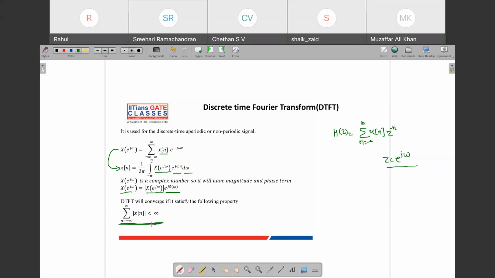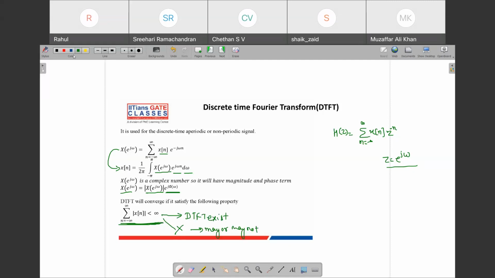But that doesn't mean that if it is not satisfying this property, it will not converge. If it is not satisfying this property, it may or may not converge.